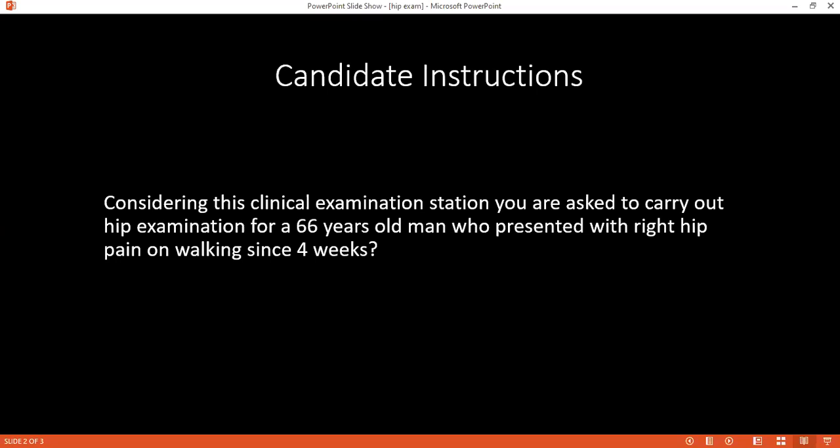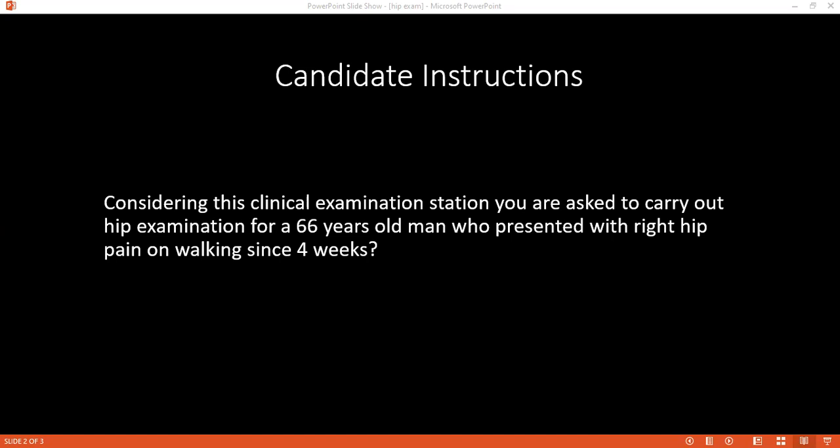But for extension, I think it would be a little bit difficult to give comments. For extension, you should ask the patient to lie on their belly, so he can examine that part.